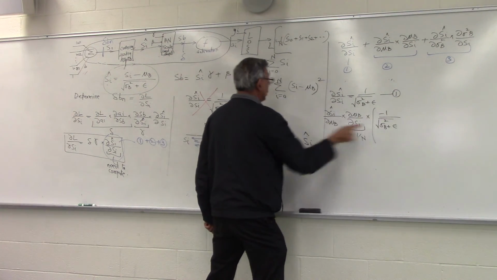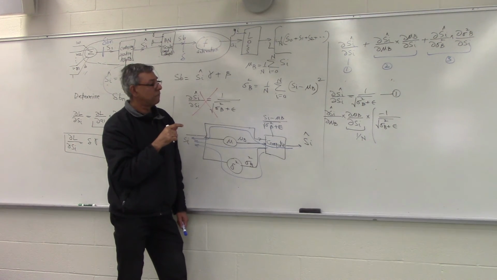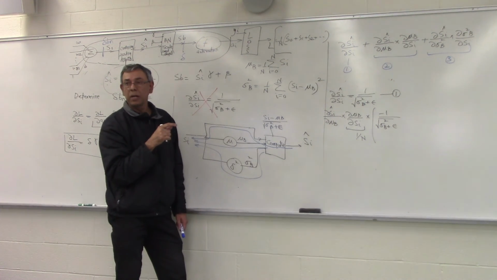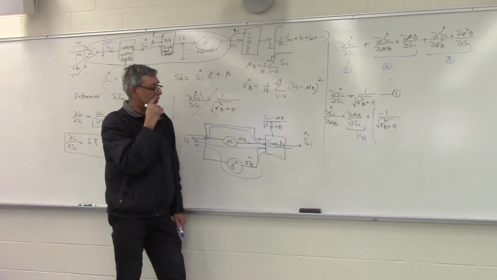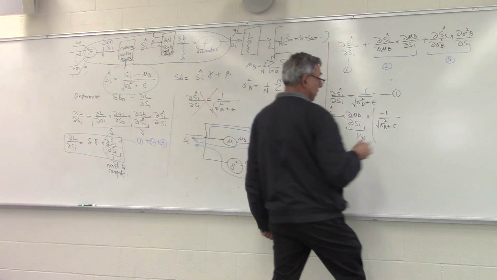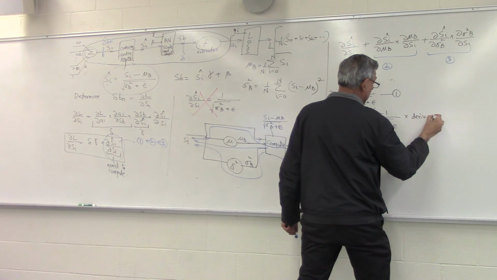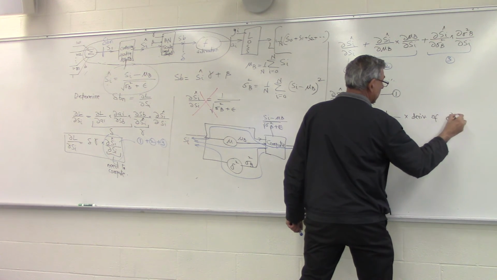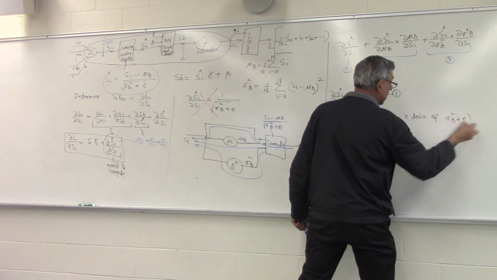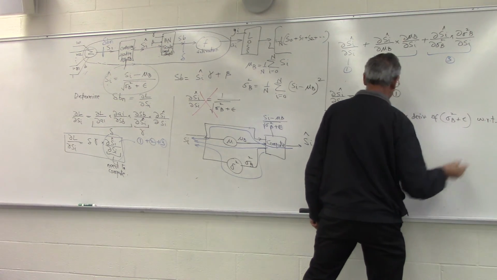Does sigma B also have mu B in it? Yes, so that means further we have to multiply by the derivative of sigma square B plus epsilon with respect to mu B.